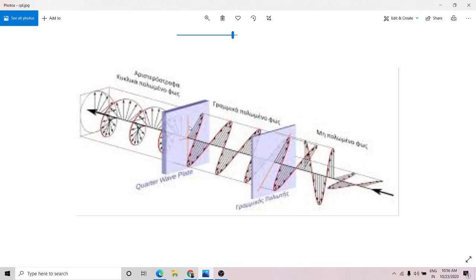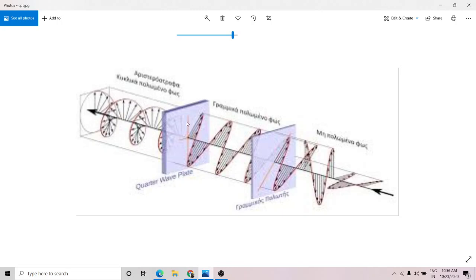Now the plane polarized light is made to be inclined at an angle 45 degree with your optic axis, so that if this is the optic axis of the crystal, the vibrations are inclined at an angle of 45 degree, and when it emerges out, you see the vibrations have equal amplitude throughout, so that it results in circular polarization.